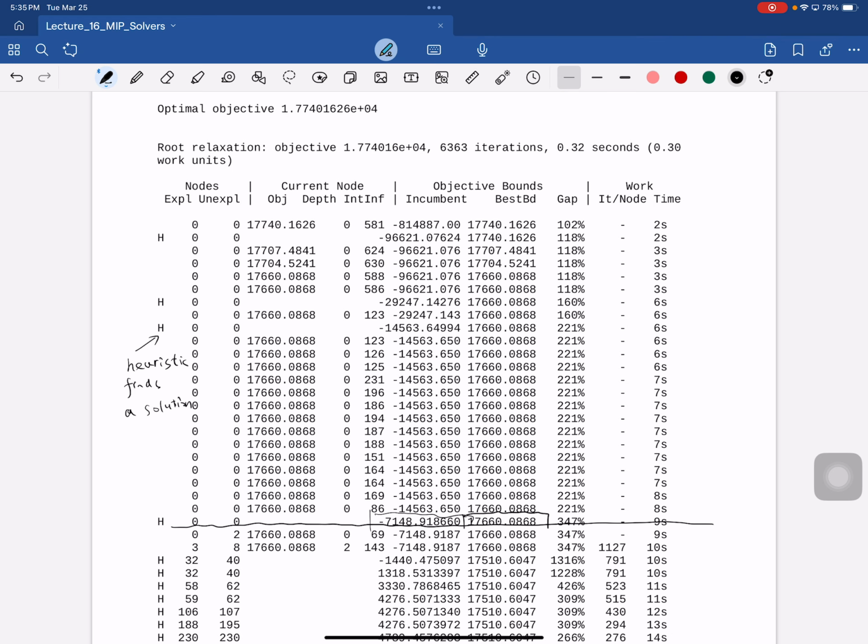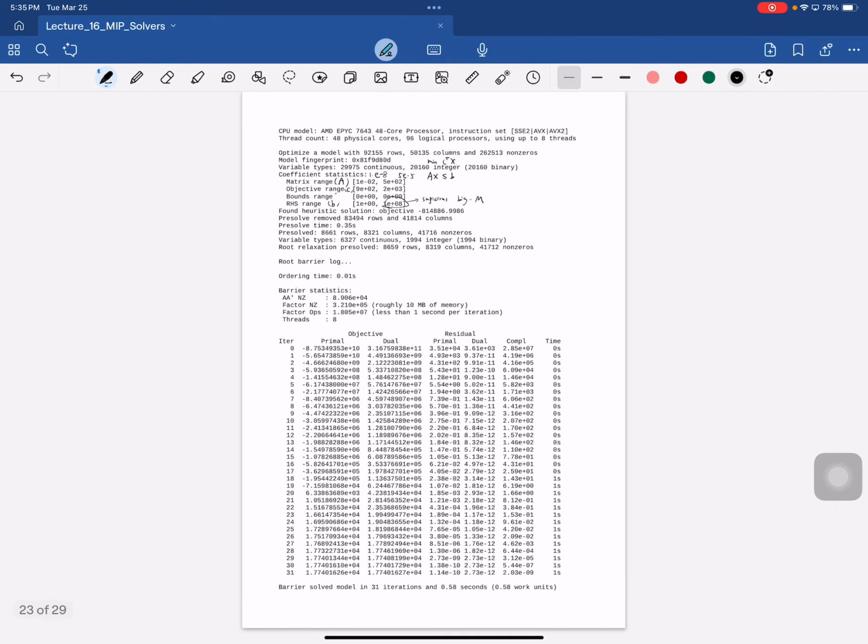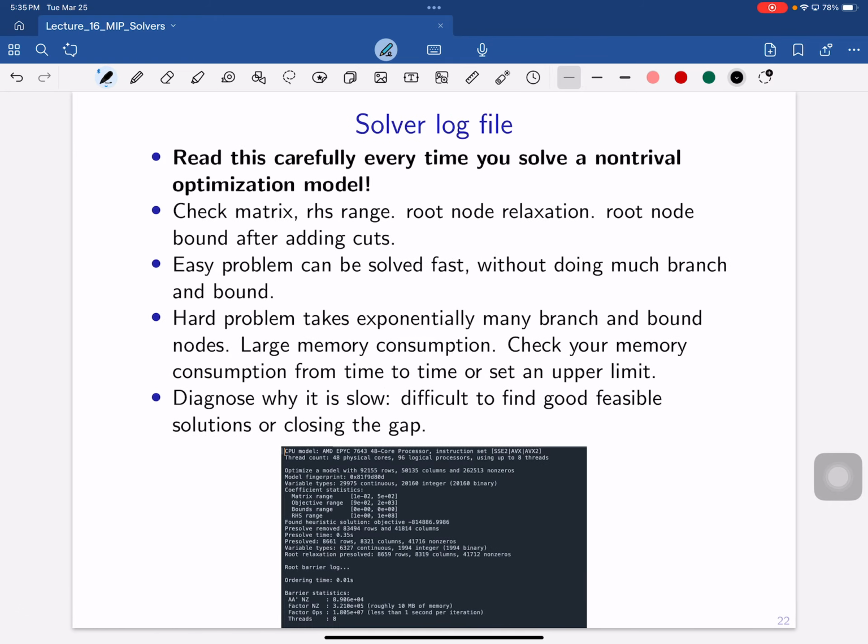Then you should think about adding more cuts or finding a tighter relaxation. So that's a way to distinguish why the solver struggles. Sometimes the solver struggles at both finding a feasible solution and closing the gap, and then you need to do both things.